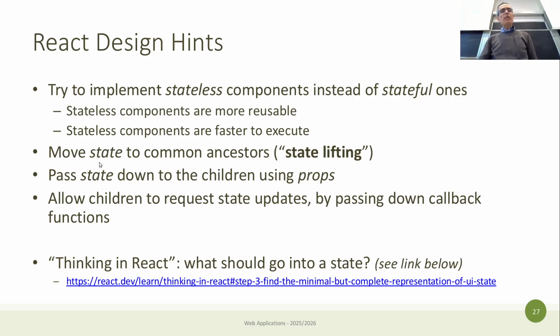In case you have a state and you need to have the state passed as props to other components, you need to move the state to the common ancestor, which means the parent, okay? This is called state lifting, and it's done a lot in React applications.